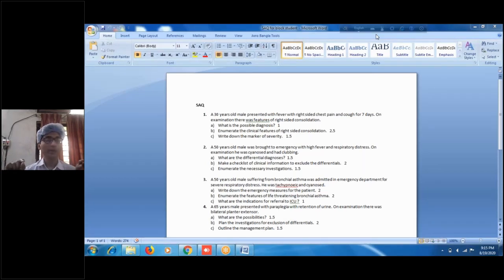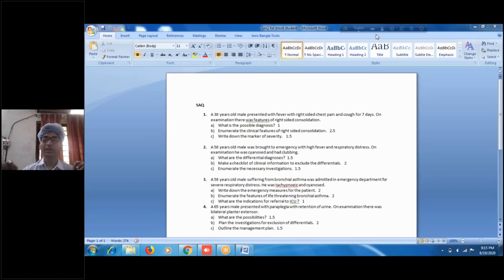But when you are writing a diagnosis in any SCQ type question, try to write a complete diagnosis. When you are saying just pneumonia, this is not complete.